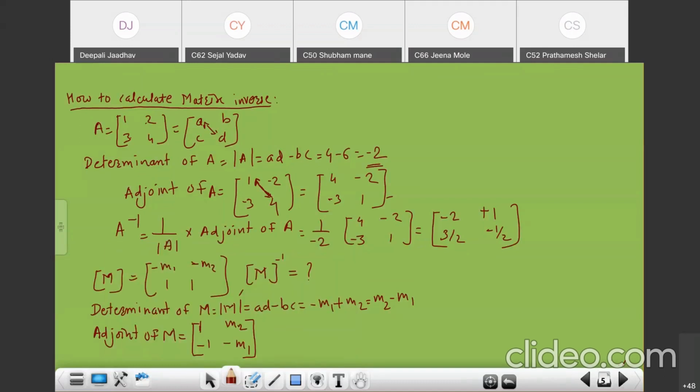So that is the adjoint. Now M inverse is equal to 1 divided by the determinant multiplied with the adjoint of M, which is 1 divided by m2 minus m1 multiplied with this adjoint.